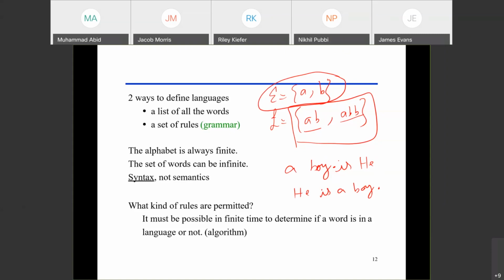It should be possible in limited time because it is very high in computation cost, and there are so many words which you need to verify, so it should not be time consuming. Okay, so these are the rules. The main thing you need to understand here is the difference between when your language is finite and when your language is infinite. If you understand this concept, then we are good.